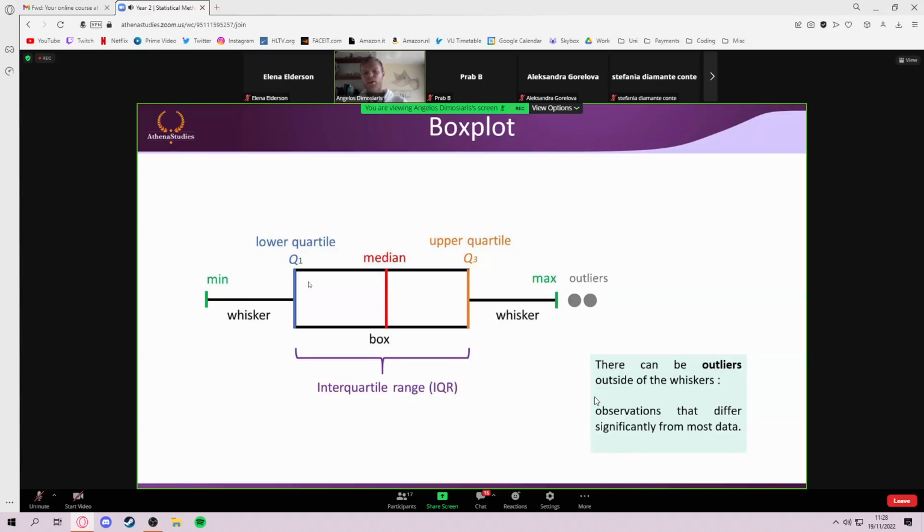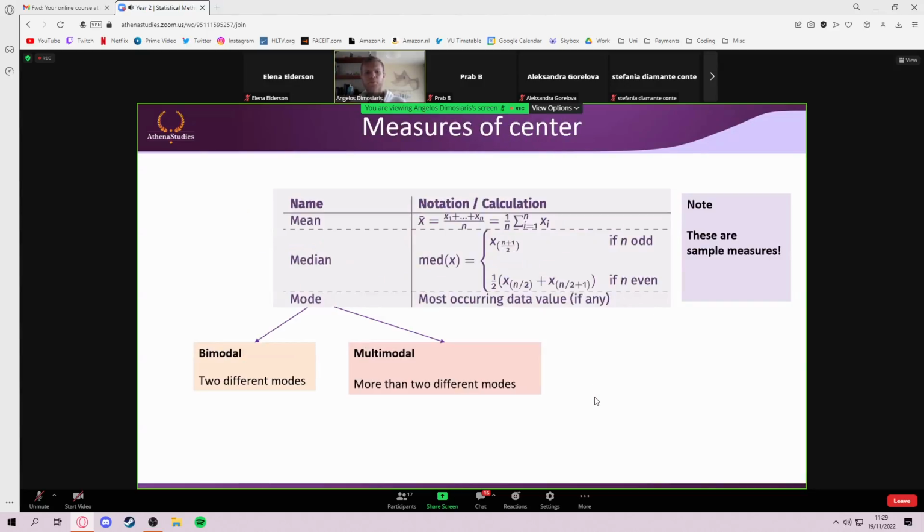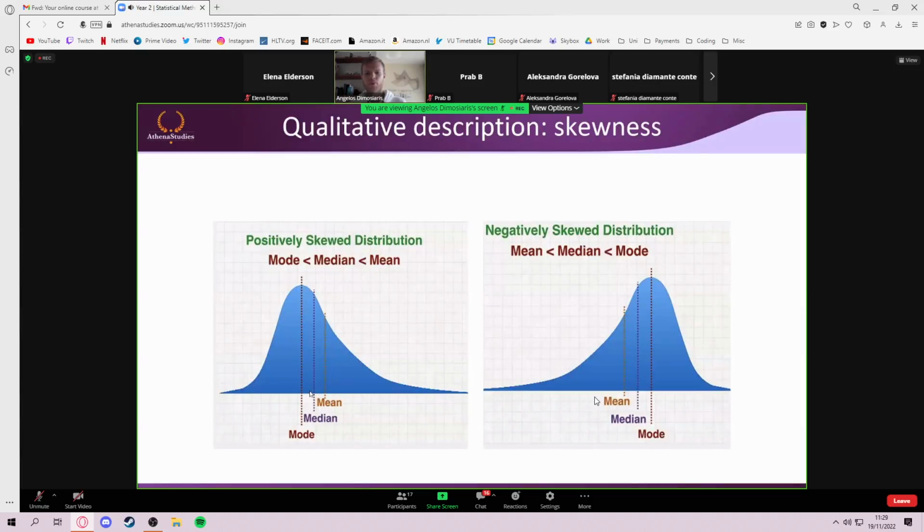If the median is closer to Q1, that means the median is more on the left, so you have a positively skewed distribution.